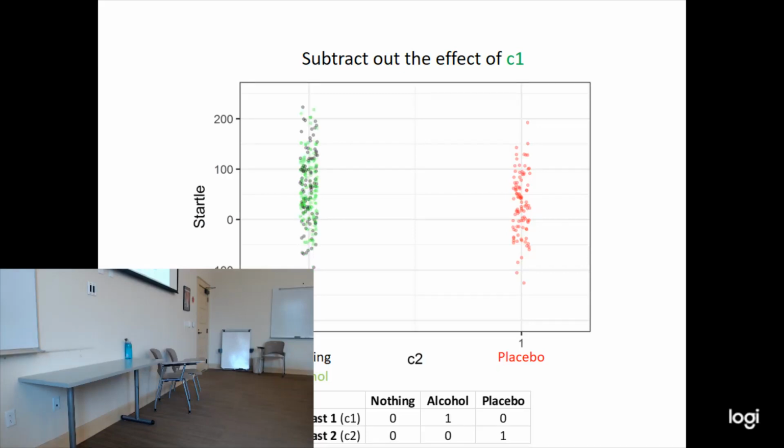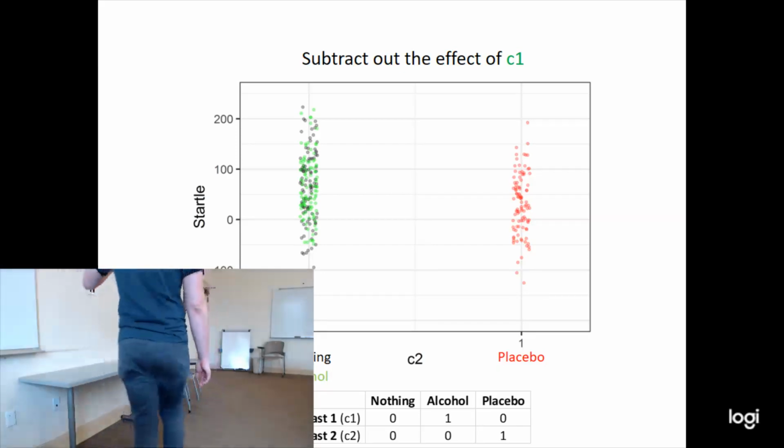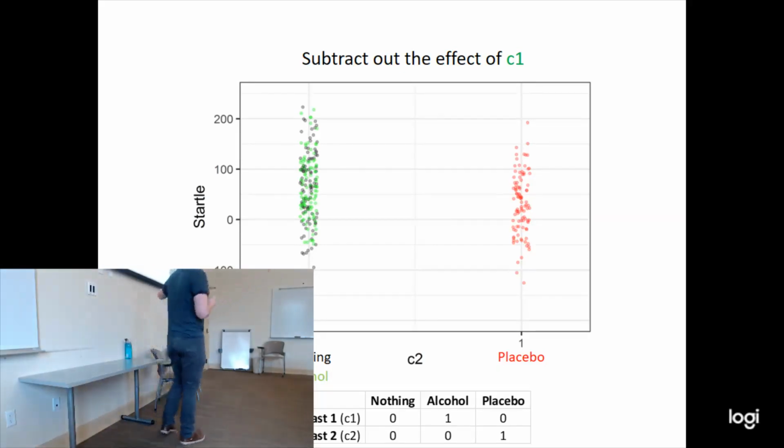Notice now the only points that get affected are the alcohol group. They all move up by the same amount. So essentially, to build on the intuition that you have, I'm adjusting the mean of alcohol so that it matches the mean in the nothing group.